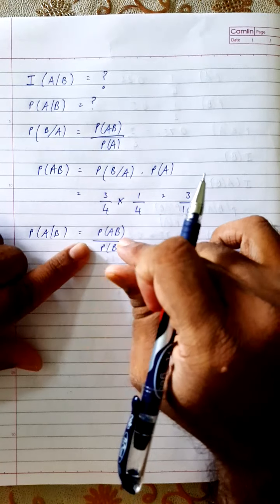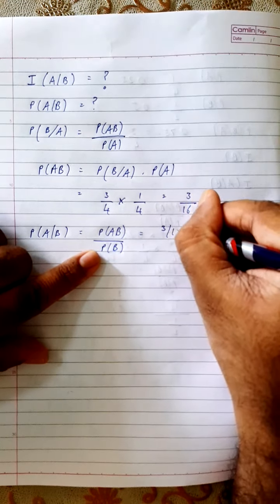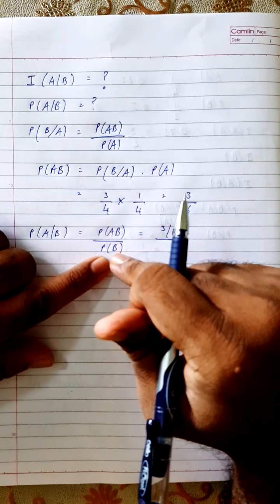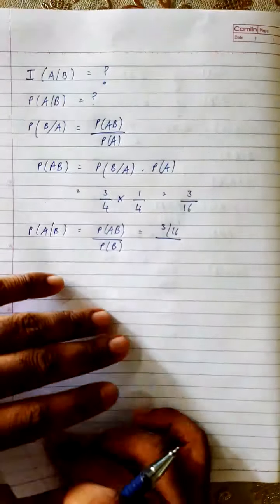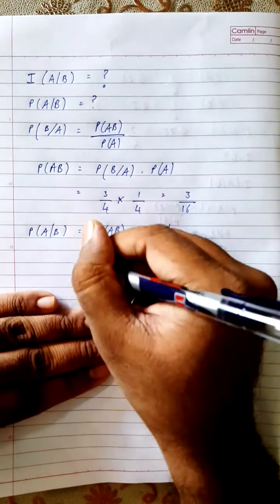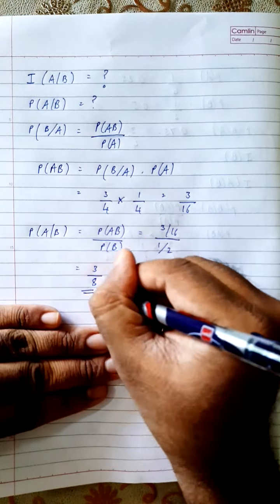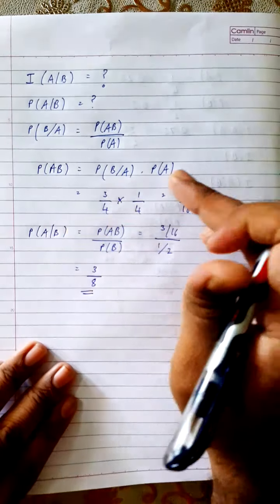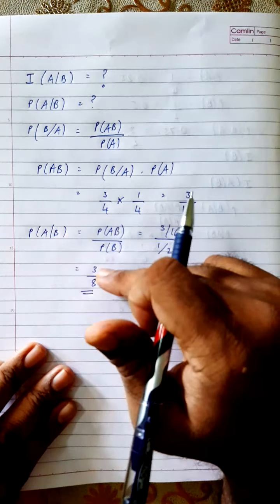We just found P of AB is 3 by 16, and P of B we have found is 1 by 2. So this is 3 by 8. The probability that the girl is blonde after knowing that she has blue eyes is 3 by 8.